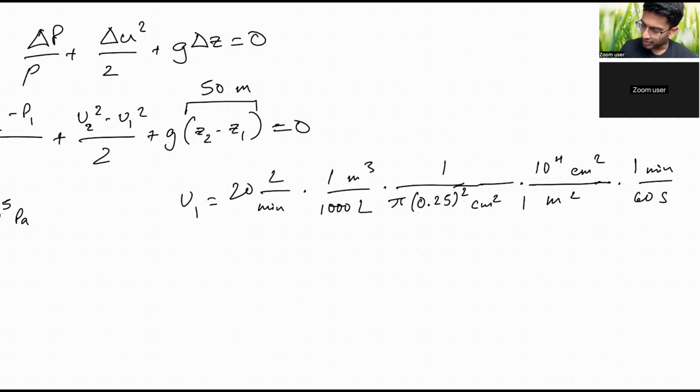And so we end up with U1 equals 17 meters per second. The only difference with U2 is that the cross-sectional area is pi times 0.5 squared, and we get an answer of 4.24 meters per second.